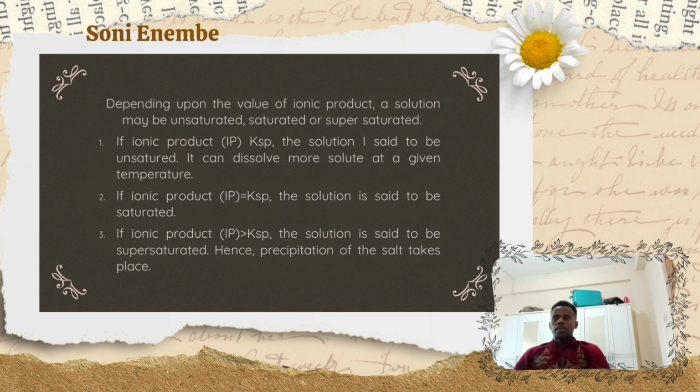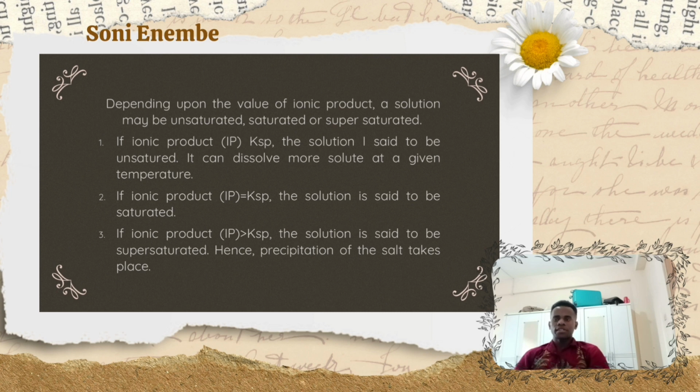Depending upon the value of the ionic product, a solution may be either unsaturated, saturated, or supersaturated. 1. If the ionic product is less than Ksp, the solution is said to be unsaturated; it can dissolve more solute at a given temperature. 2.